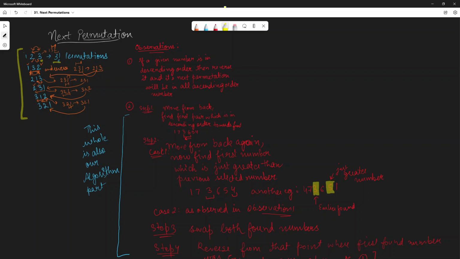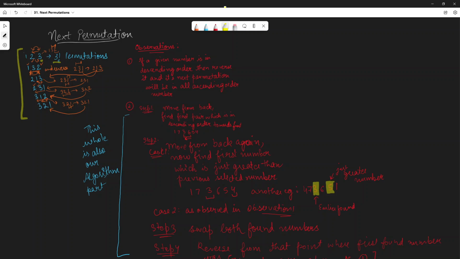Now we repeat again: 2 is there, 3 is there, right? If we go from back to front, we can see 2 is there and 3 is there. 3 is greater than 2, so we can't take this. Then 1 is smaller than 2. This is the required number.